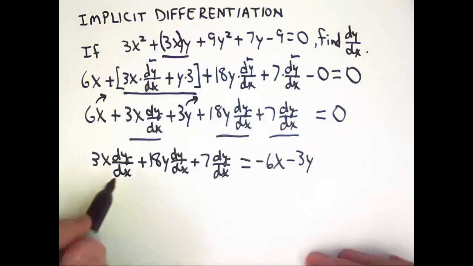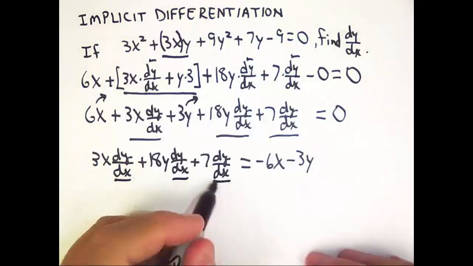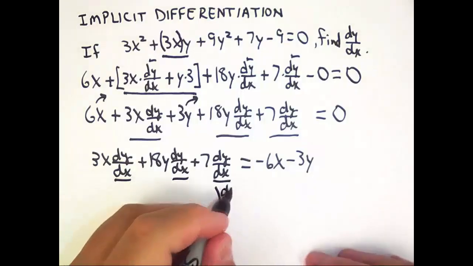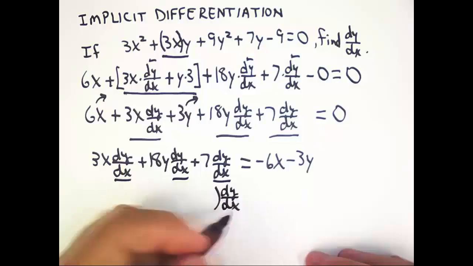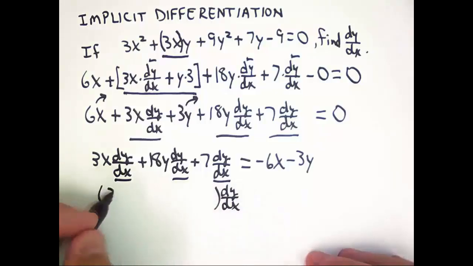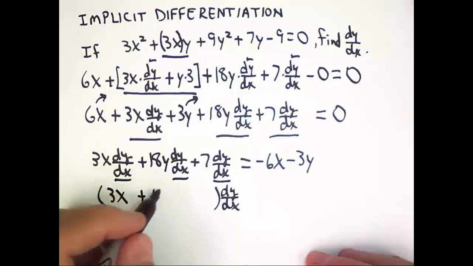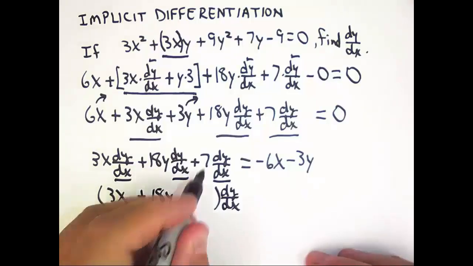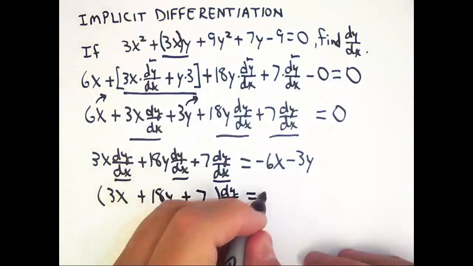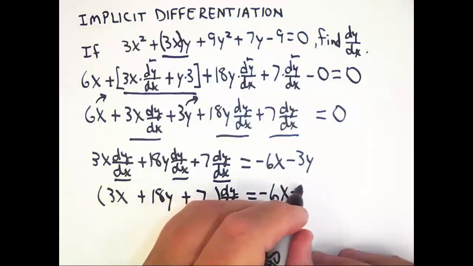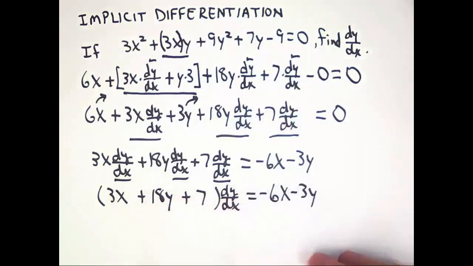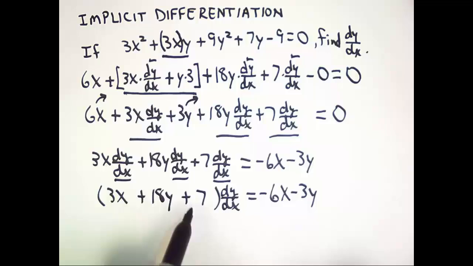Now that I have dy over dx in every term on the left, I can factor it out. So if I factor a dy over dx out on the left, I'm left with a 3x from this term, an 18y from this term, and a 7 from the final term. Now if I divide both sides by this quantity on the left, 3x plus 18y plus 7, I'll have dy over dx.